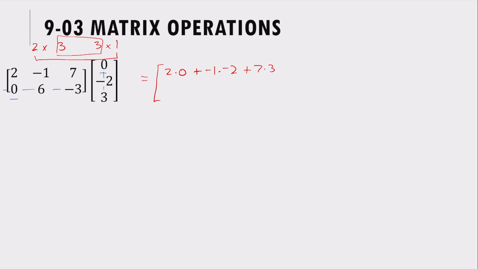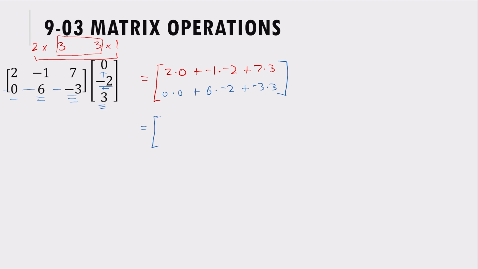Multiply the first, 0 times 0. Plus, multiply the second, 6 times negative 2. Then multiply the third, negative 3 times 3. And then you do more rows with more columns, except for we have already done both rows times the 1 column.